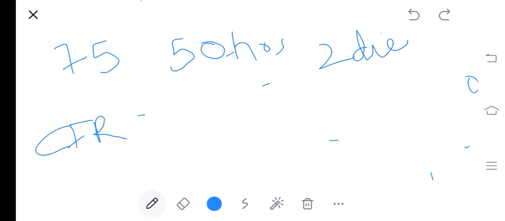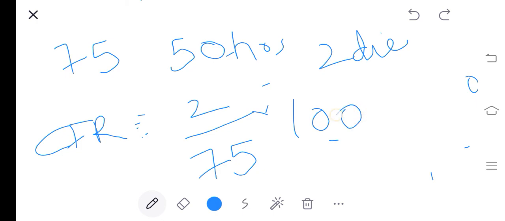Case fatality rate means how many people died, so 2 divided by how many cases there were, 75, into 100. So that would be about 2.67, that is 2.7%. So that completes assignment 4.